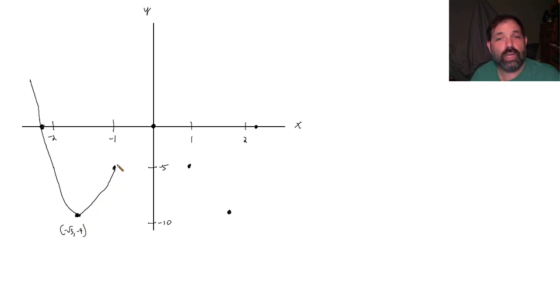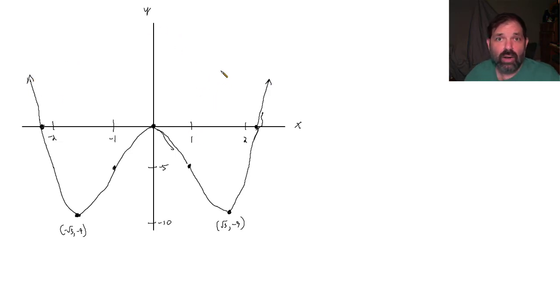Then it switches to concave down. And then it switches back to concave up. Again, this point is root 3, negative 9. And now it's concave up. And so here's a sketch of the curve.